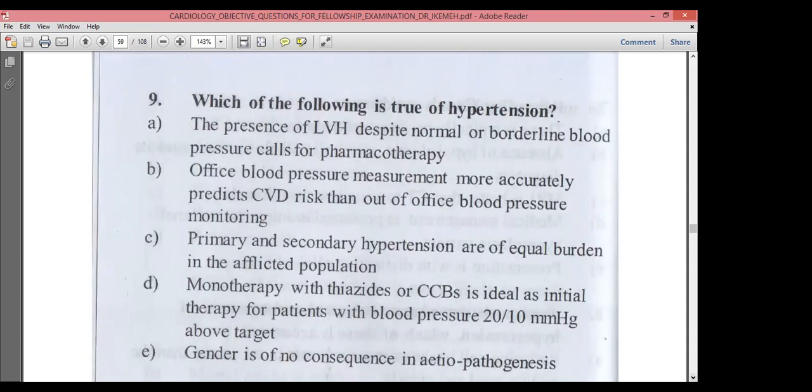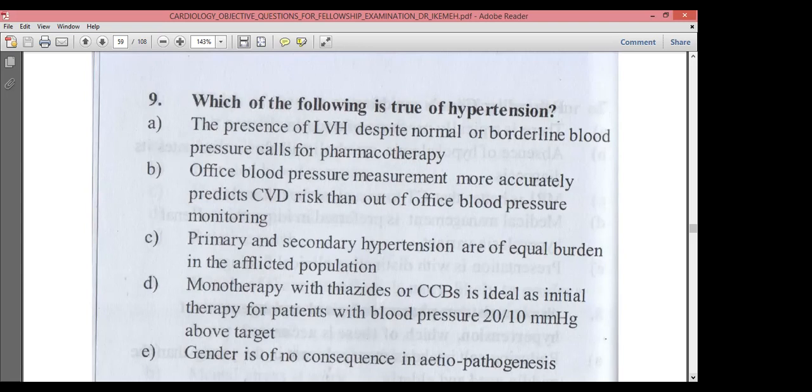A, the presence of LVH, despite normal or borderline blood pressure, calls for pharmacotherapy. B, office blood pressure measurements more accurately predict cardiovascular risk than out-of-office blood pressure measurements. C, primary and secondary hypertension are of equal burden in the afflicted population.